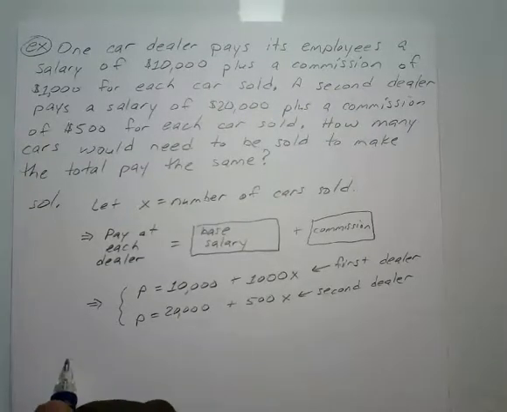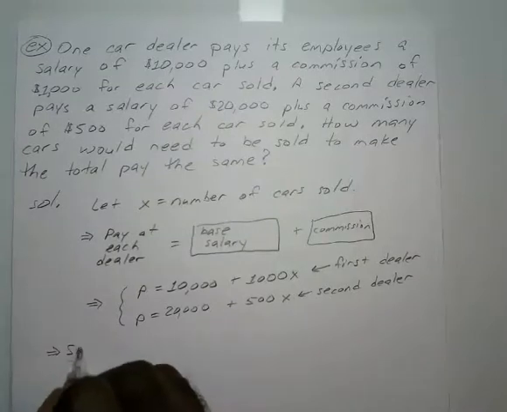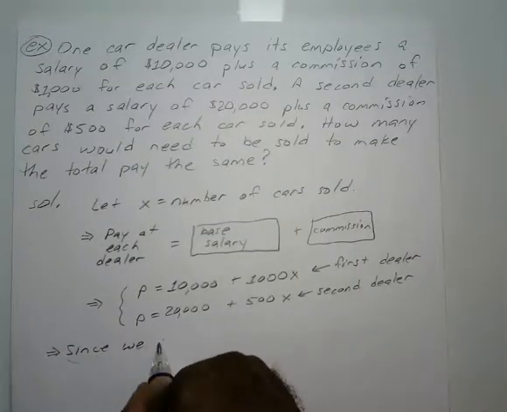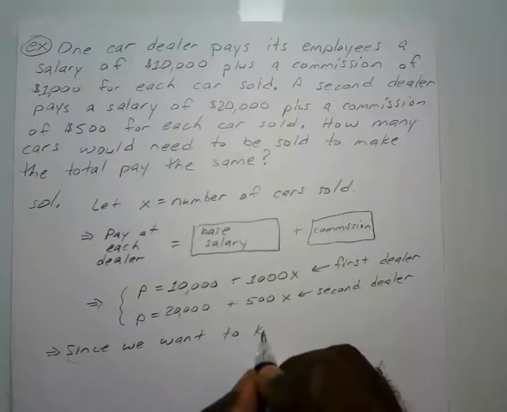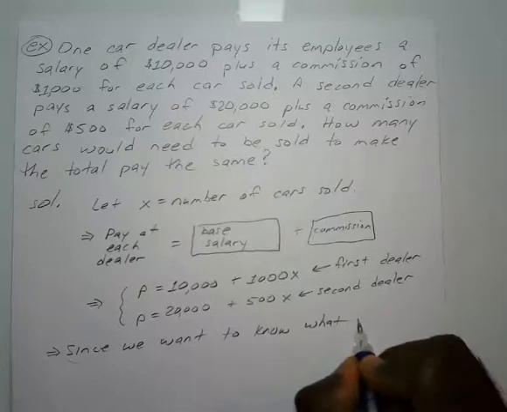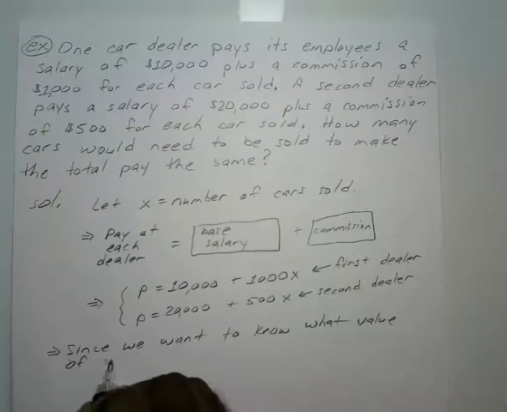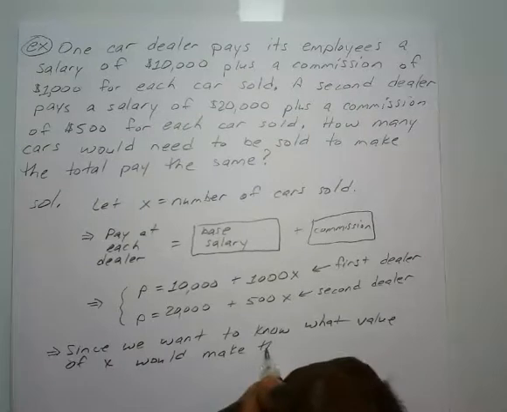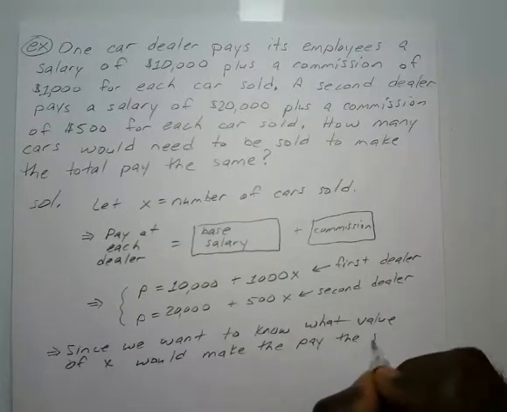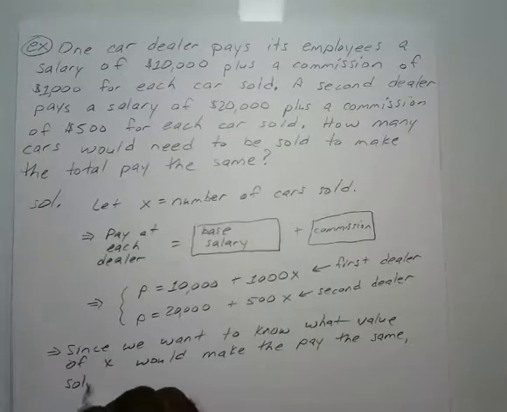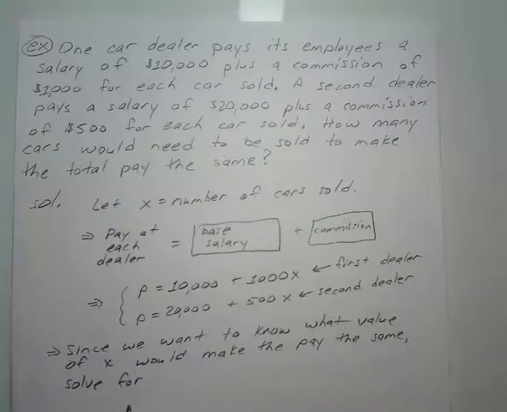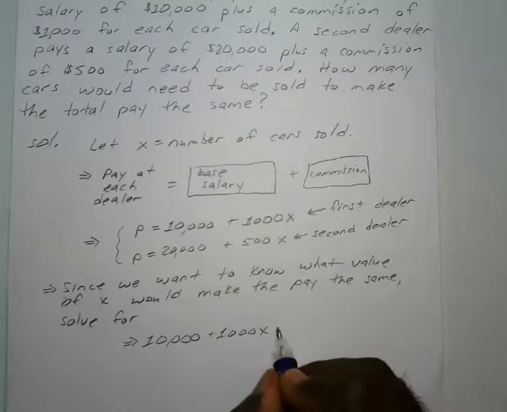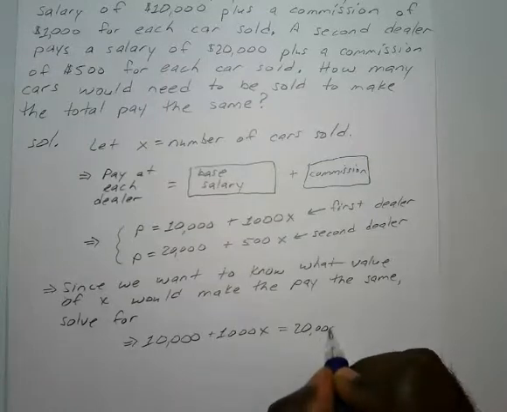Let me write that out. So since we want to know what value of X would make the pay the same, solve for it: that's 10,000 plus 1,000X, is equal to 20,000 plus 500X.